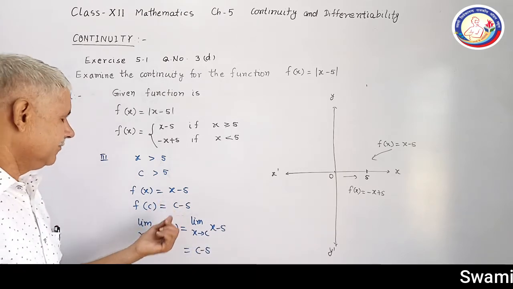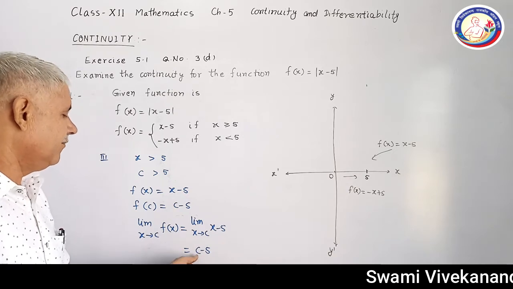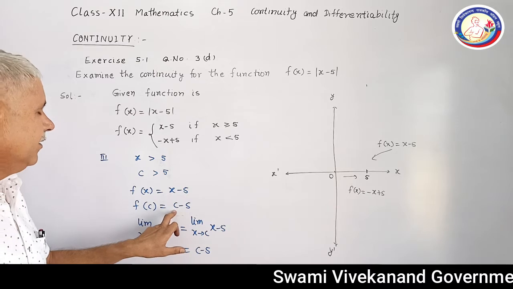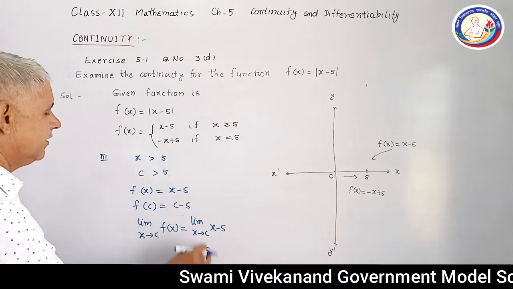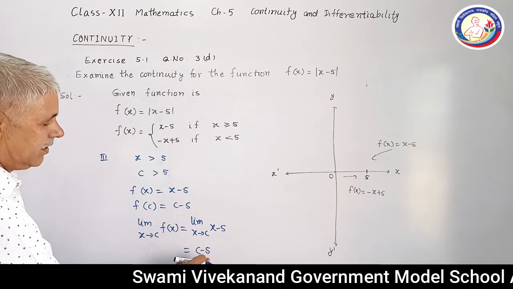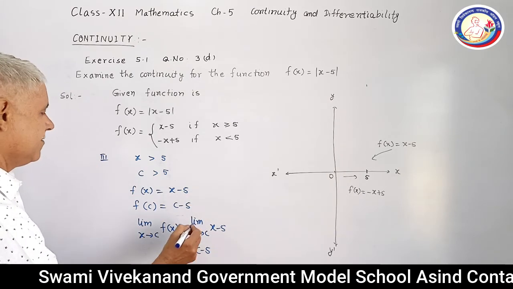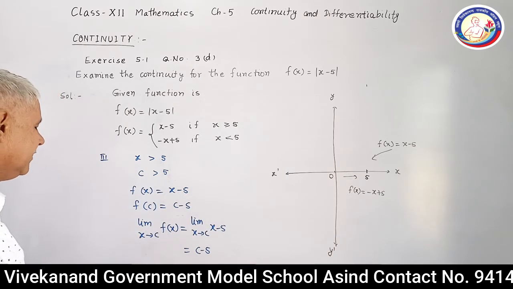So here the limit is c minus 5 at a point c where the value of c is greater than 5, and the value of the function is also c minus 5. This is obvious from here. The condition of continuity holds here, and we can say that this function is continuous for values more than 5. So what is the result?